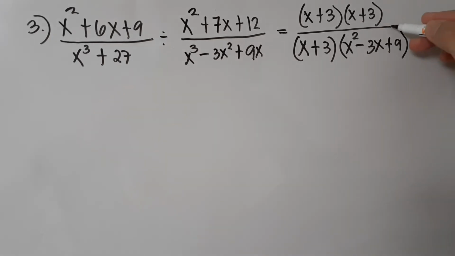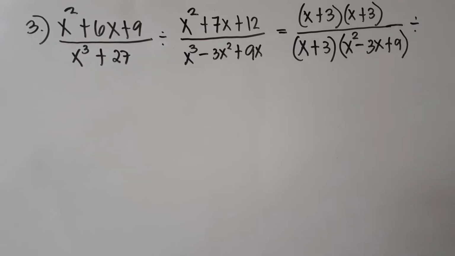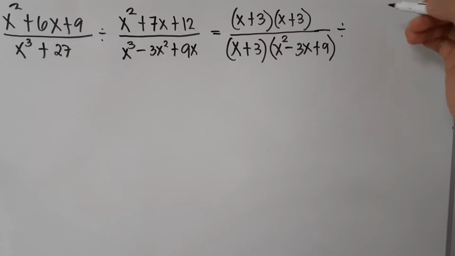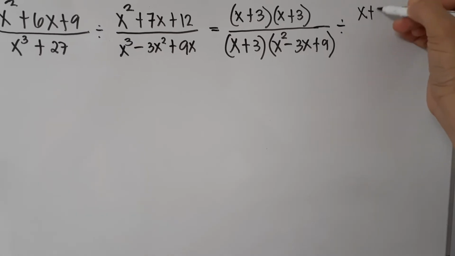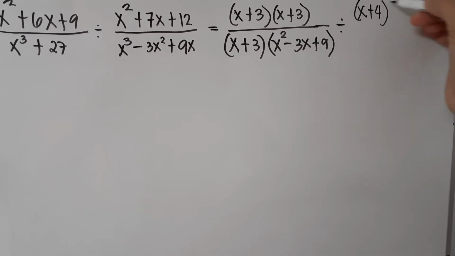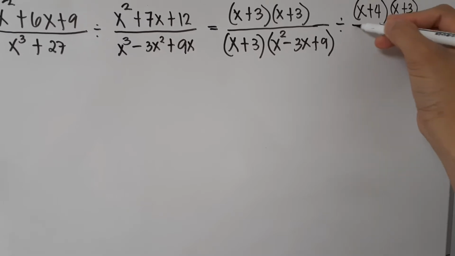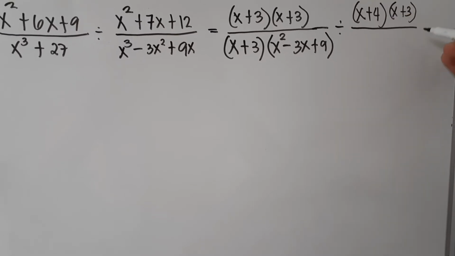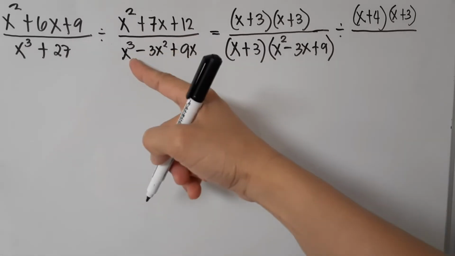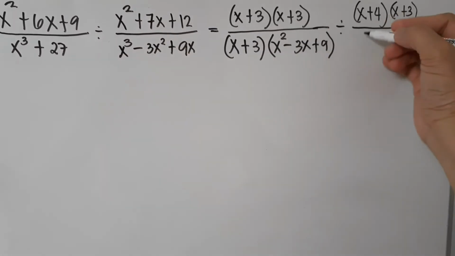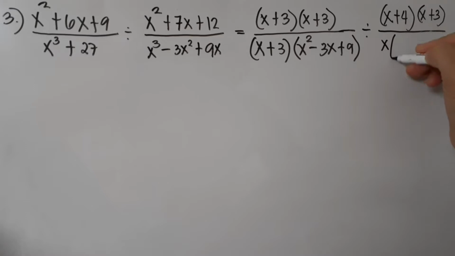Since x cubed positive 27 is a cube, we use the formula for the sum of cubes, so we have factors of x positive 3, x squared negative 3x positive 9. And from the second fraction, x squared positive 7x positive 12, we have factors x positive 4, quantity of x positive 3.